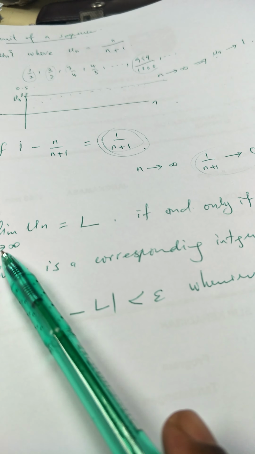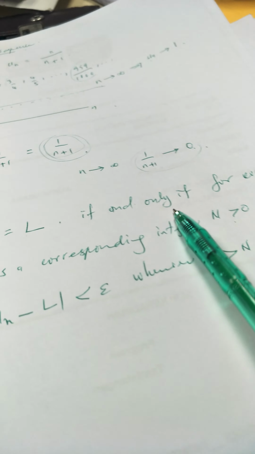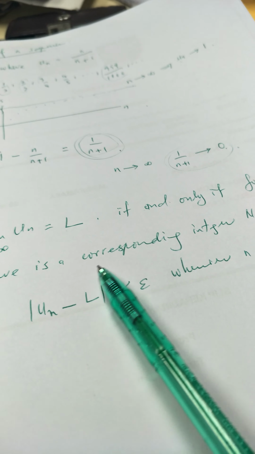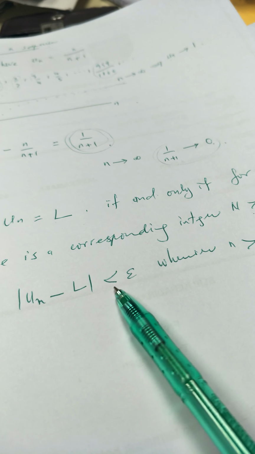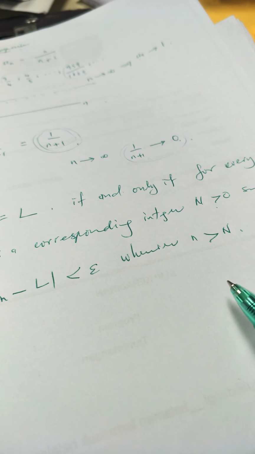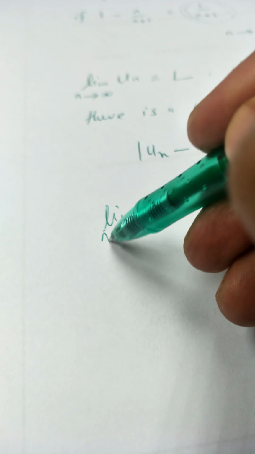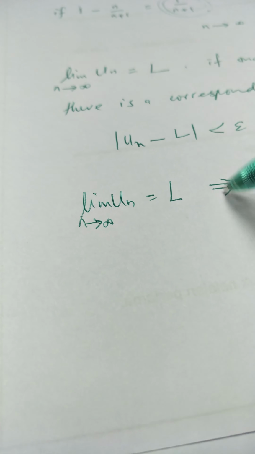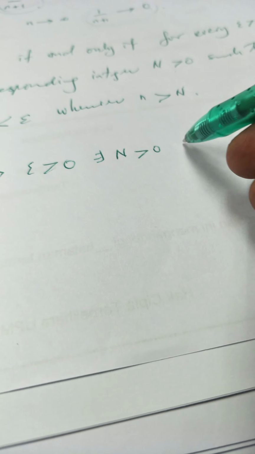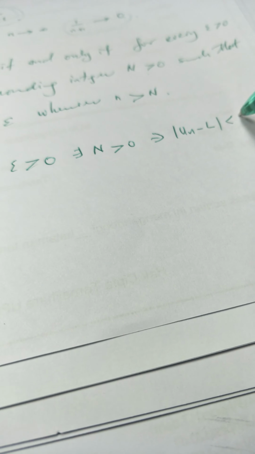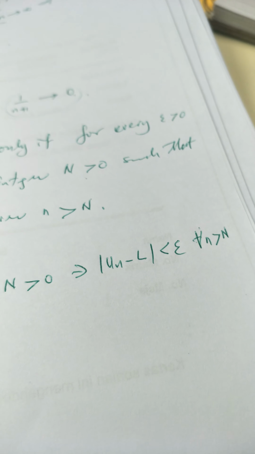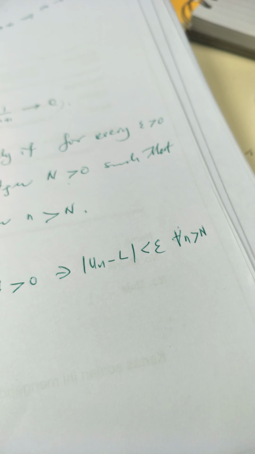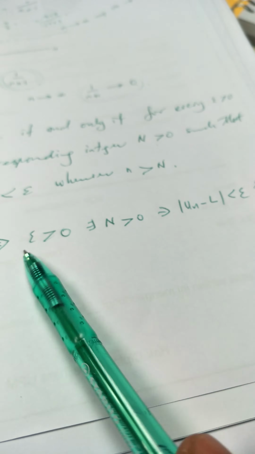I repeat: we say the limit of u_n equals L as n goes to infinity if and only if for every epsilon positive there exists a corresponding positive integer N such that the magnitude of u_n minus L is less than epsilon whenever n is greater than capital N. In short, the limit of u_n as n goes to infinity equals L if and only if, given any epsilon positive, there exists N positive such that |u_n minus L| is less than epsilon for all n greater than N. This definition is quite theoretical, so how can we describe it?